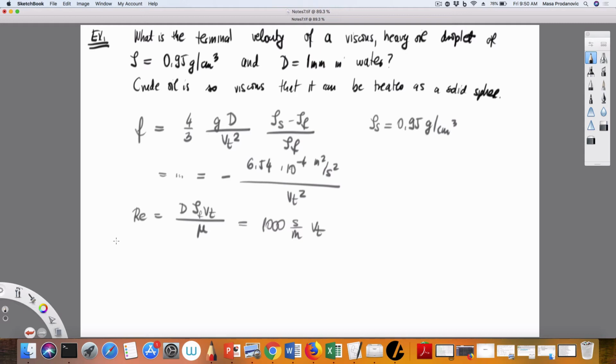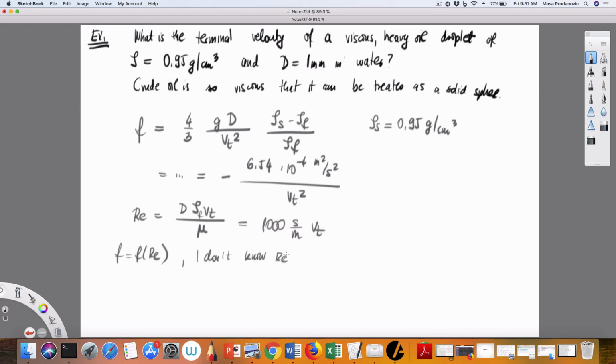The problem is that I don't know v_t, so I don't know precisely what my Reynolds number is and what regime I'm in. I could use f as a function of Reynolds number, and we have graphs and formulas for that. But the problem is I don't know Reynolds number because I don't know velocity. Velocity is what I'm looking for.